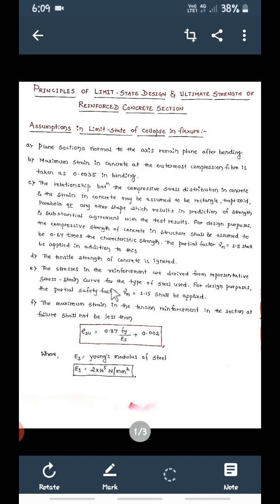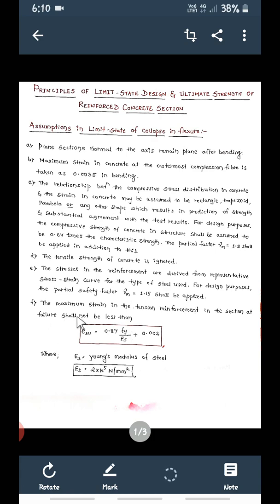Similarly, the maximum stress in steel can be found by drawing the stress strain curve for the type of steel used. Here also, for design purposes, the partial safety factor gamma m for steel is equal to 1.15. It is not 1.5. For concrete, the partial safety factor is 1.5. For steel, 1.15 shall be adopted.